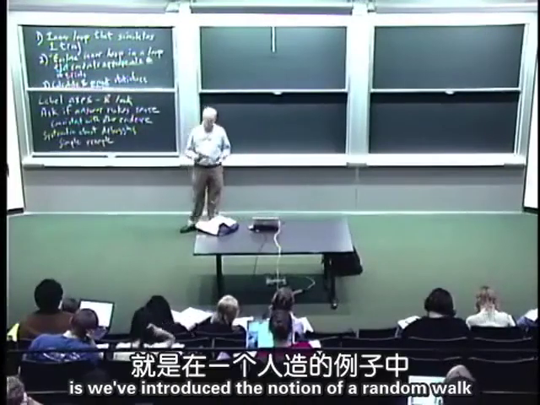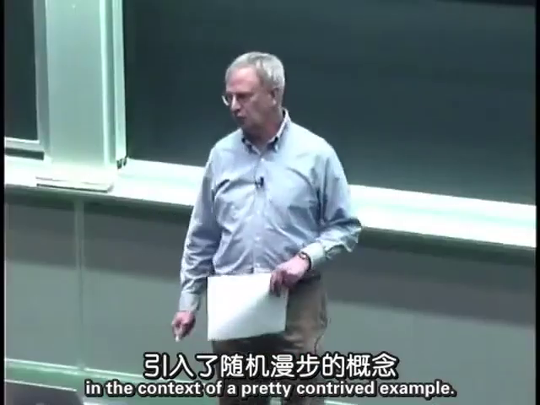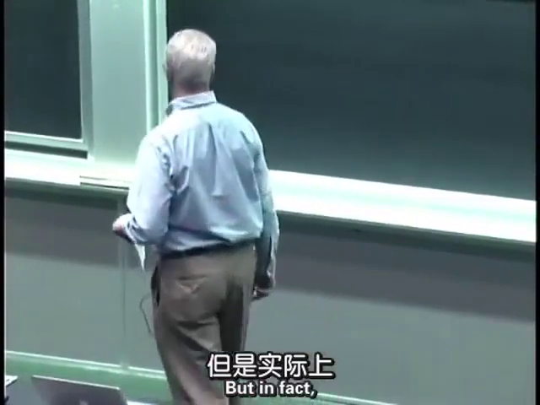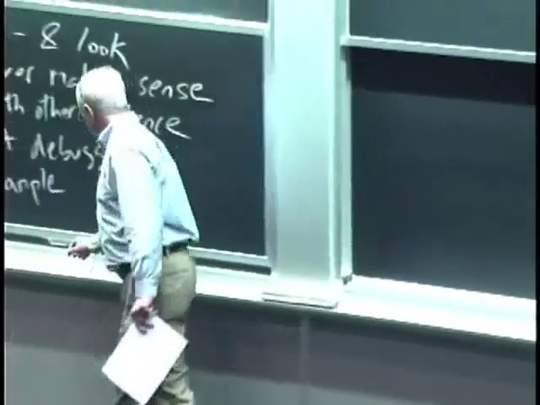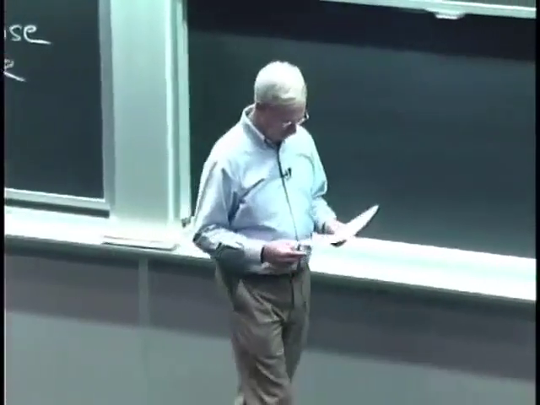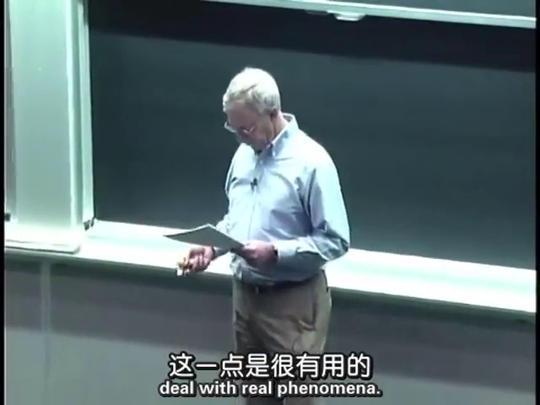What we've done is we've introduced the notion of a random walk in the context of a pretty contrived example. But in fact, it's worth knowing that random walks are used all over the place to solve real problems, deal with real phenomena.